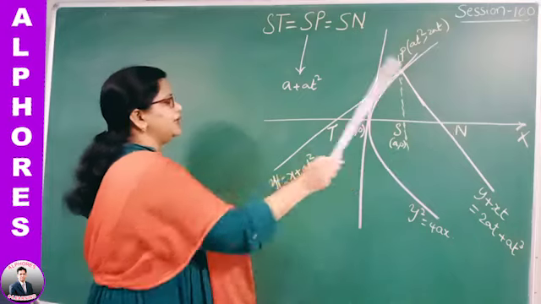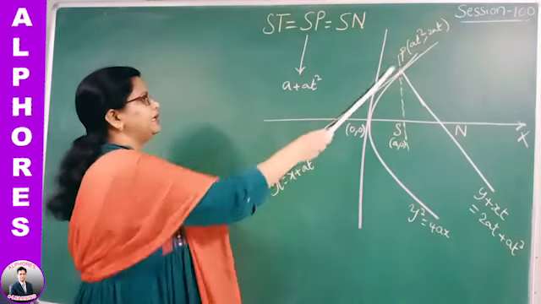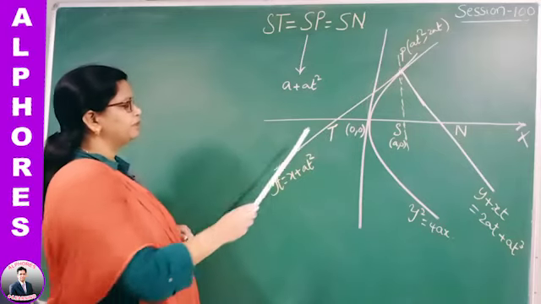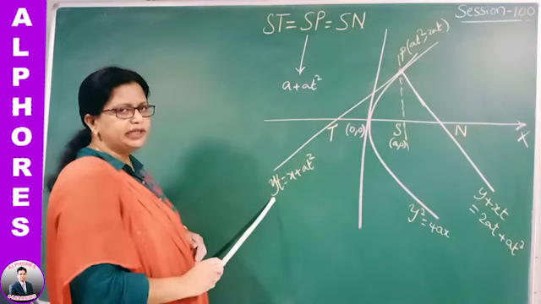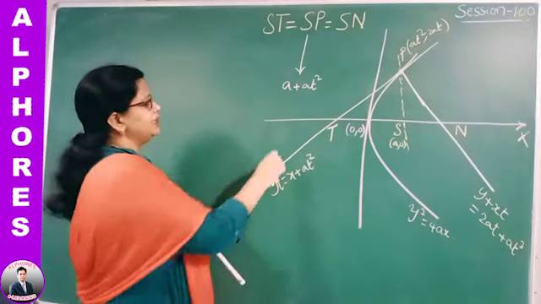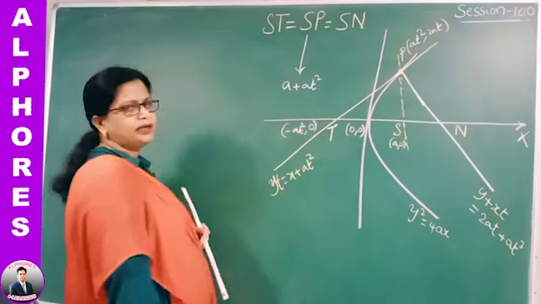Again N is not on the curve. So let us observe, this is the tangent drawn at the point P to this standard parabola. When it meets the x-axis, the y value is 0. When y is 0, what is the x value here? Minus a t square. Therefore this is nothing but (minus a t square, 0).